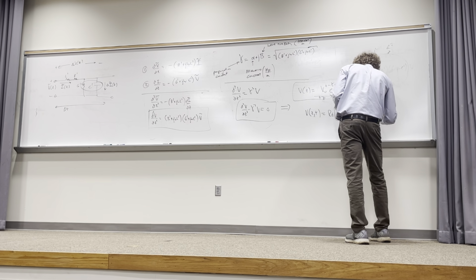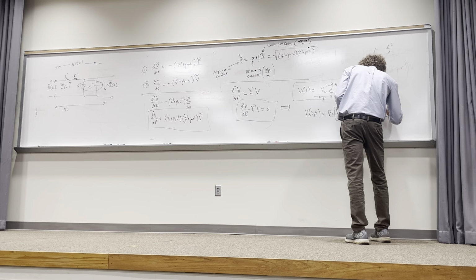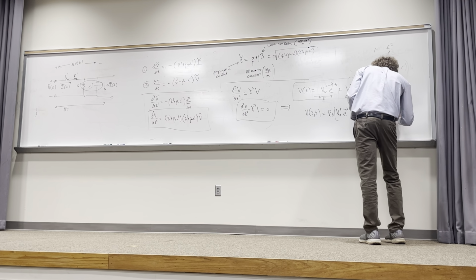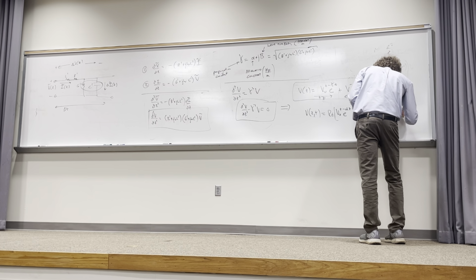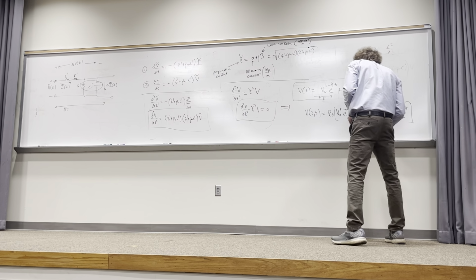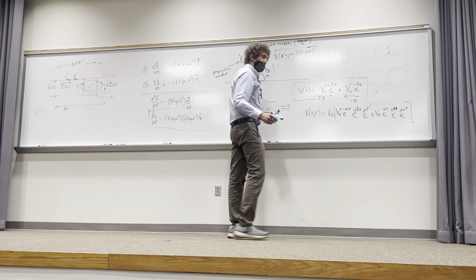And it's going to be plus V0 minus e to the plus gamma z, e to the plus j beta z, and then e to the plus j omega t. Now I have to take the real part of it.